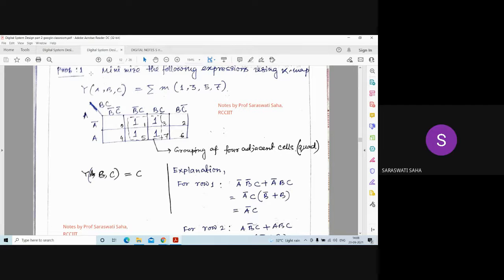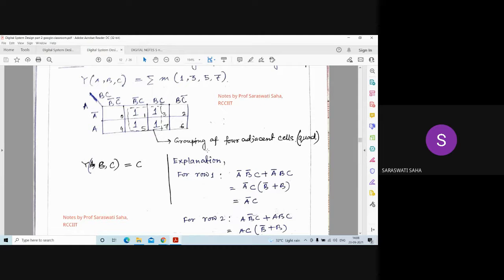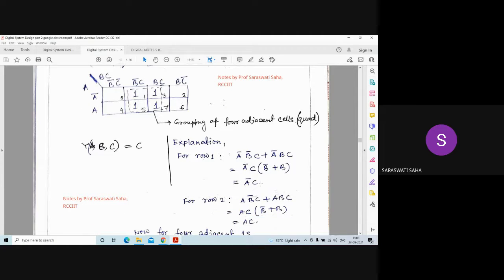Yes, ma'am. So how many product terms are there in this equation? From this representation, in the standard sum of product form, there are 4 product terms, right? Yes, ma'am. And for each product term, the output will be 1. So now, when we have taken this group, you can write y equals C. This explanation is not required.